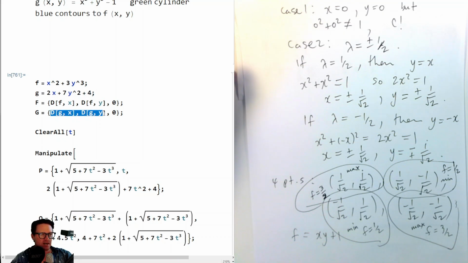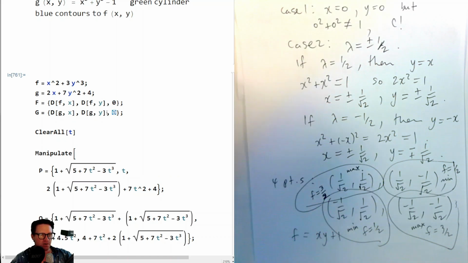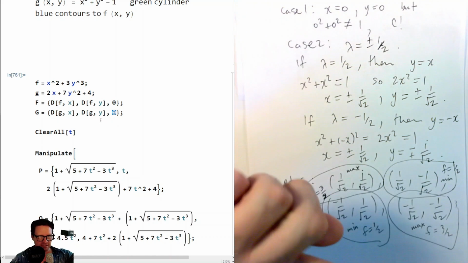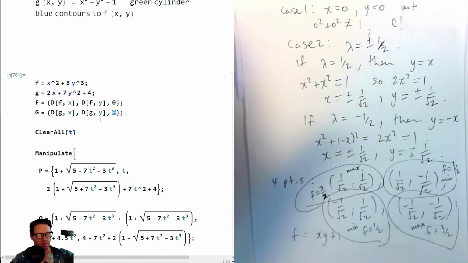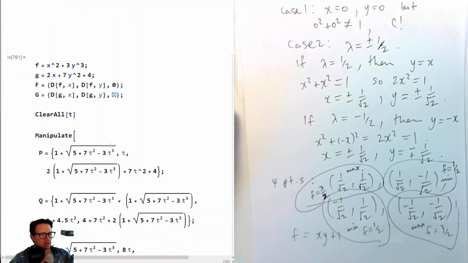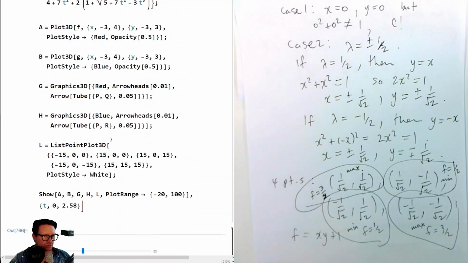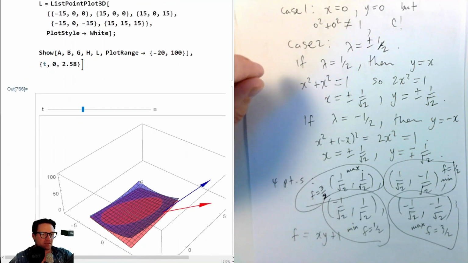This part of it is the gradient vector of g. I've put in a third component of 0 so I can display these things as horizontal arrows or parallel to a horizontal plane.